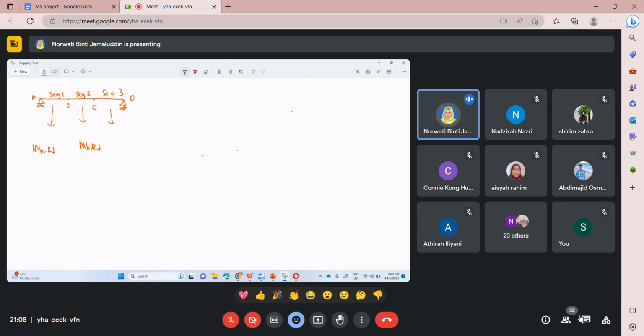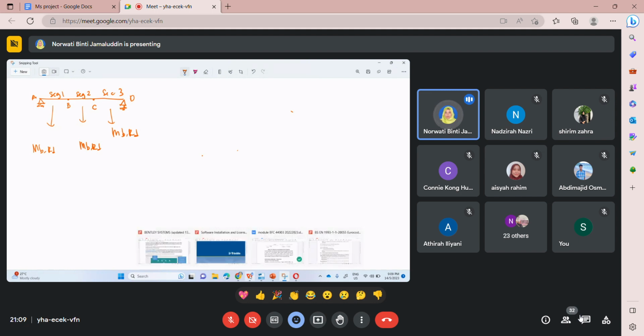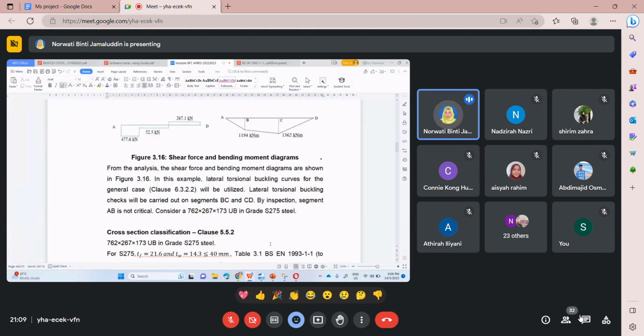You need to assess all, unless it is symmetry, similar span, so of course the MBRD for segment 1, segment 2, and segment 3 will be the same. The thing is, in this example, it is not symmetry.